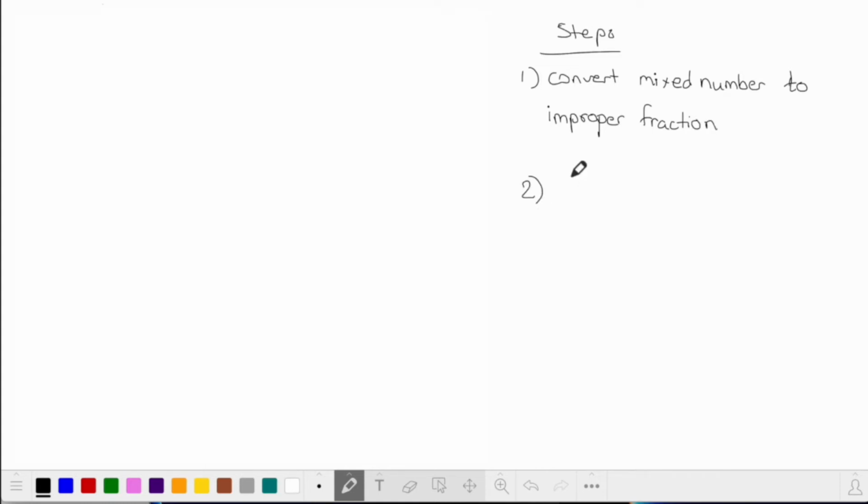Step 2 is to simplify the numerator and denominator by the highest common factor.